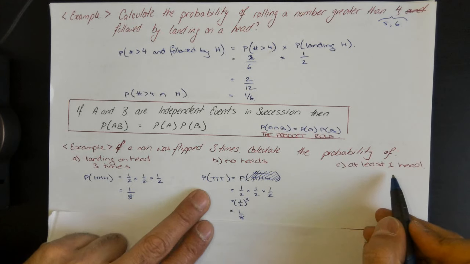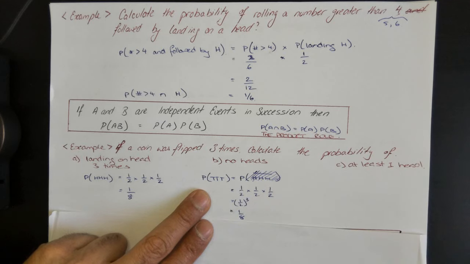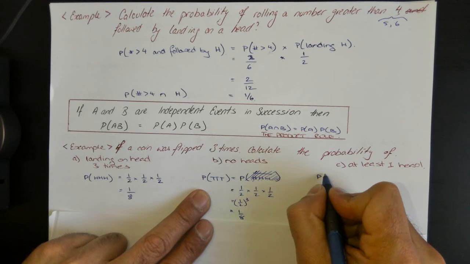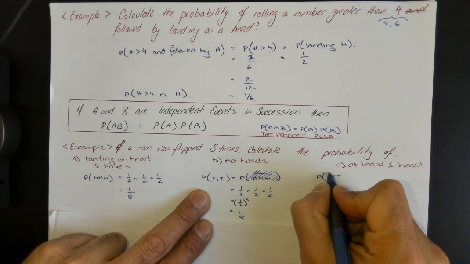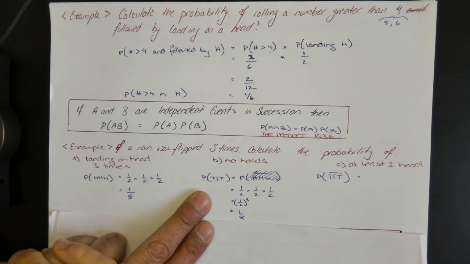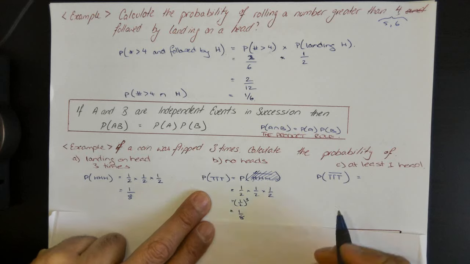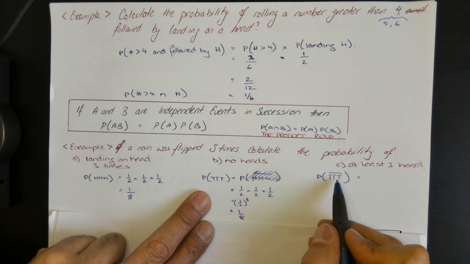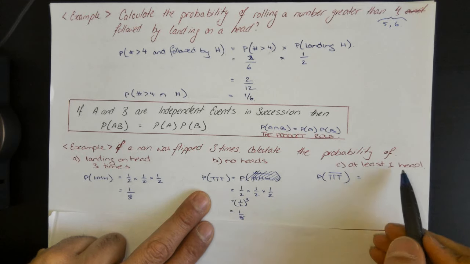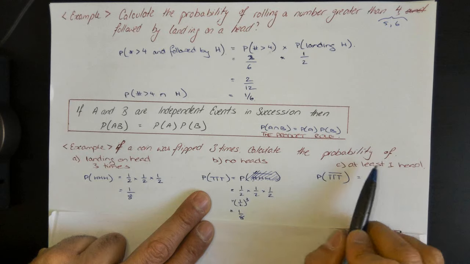The probability of at least one head would be the complement of not getting 3 tails. That means if I don't get 3 tails, I could possibly have 1 head, 2 heads, or 3 heads.